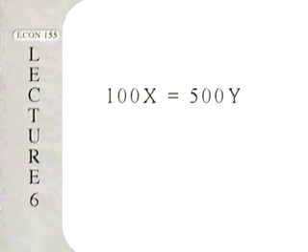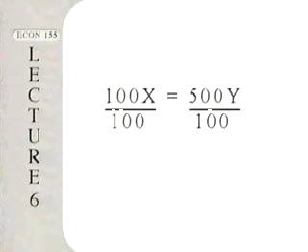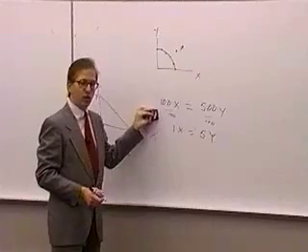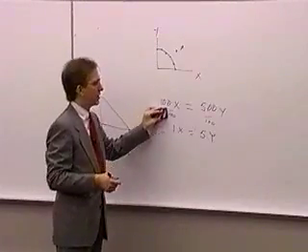Let's calculate opportunity cost. I'll divide by 100. So now 1X costs 5 units of Y. That's the opportunity cost of 1X. I mentioned to you the other day you need to be comfortable with calculating these.